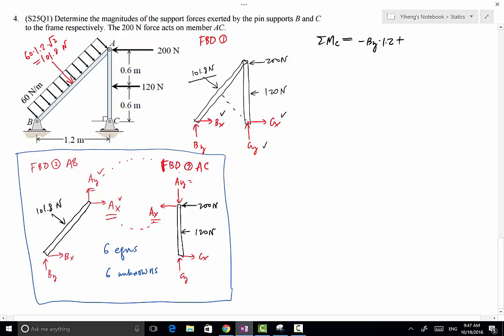And then the two concentrated forces both have moments about point C. So from there, we can solve for By. By equals 260 Newton.